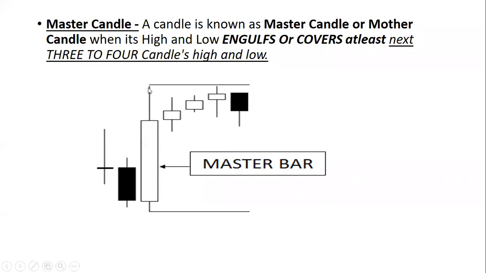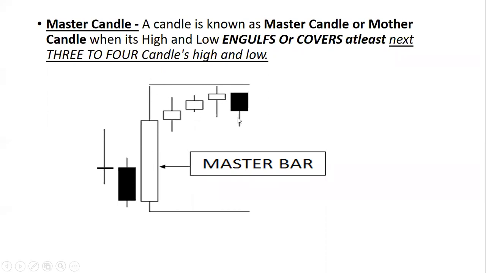On the 15 minutes time frame, the very first candle of the day has to be the master candle. How will you come to know the very first candle is a master candle? You need to look at the next 3 candles. If the next 3 candles are inside the first candle of the day on the 15 minutes time frame, this means this is a master candle setup.